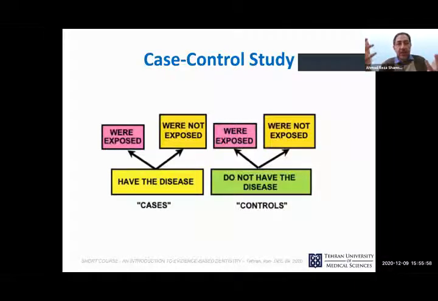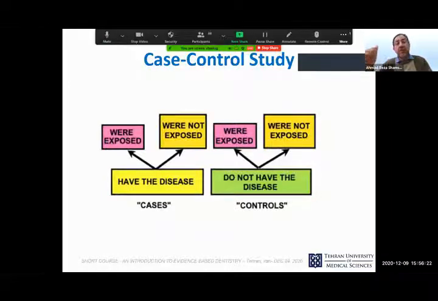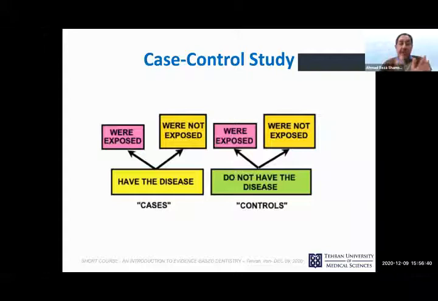So a diseased group and a healthy group, or a group without the disease, in the study. These are two groups, and we ask them about exposure to the risk factor in their history. So the question is, are you a smoker, for example, in the 2 years before your disease diagnosis or not? So again, the direction of the study is from the outcome to the exposure.